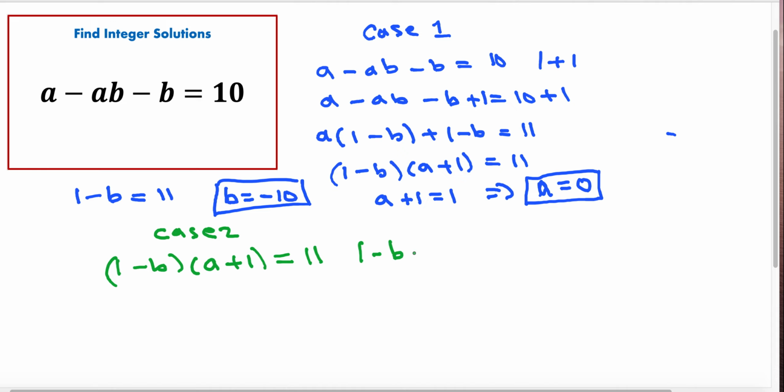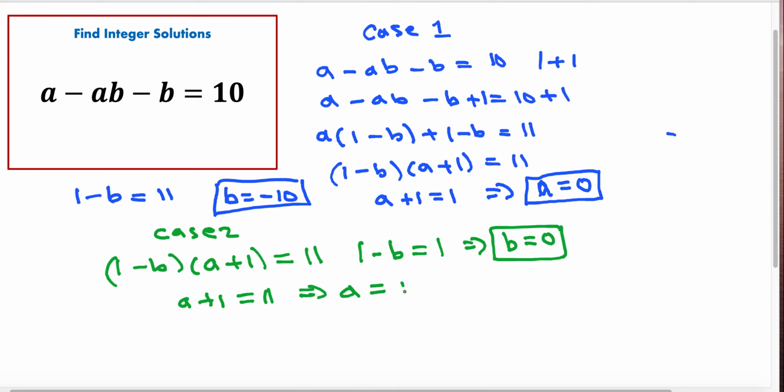Both sides minus 1, this implies b is equal with 0. But if I'm taking now a plus 1 is equal with 11, minus 1 both sides, it turns out a is equal with 10. So this is the second set of solutions.